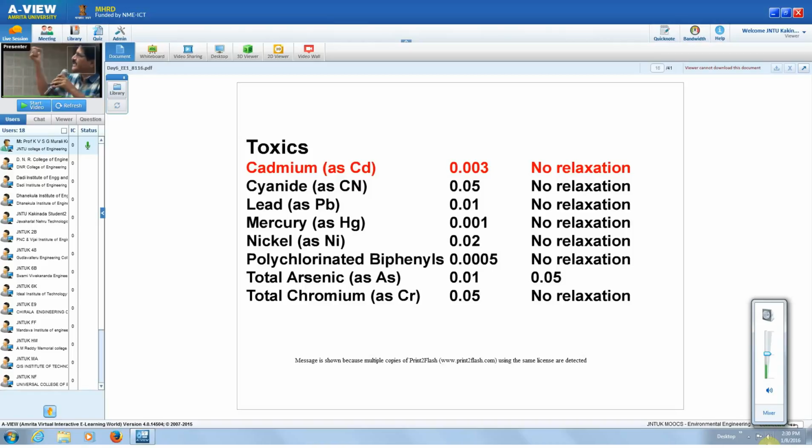They write with a nail, and 90% of human beings have the habit of biting nails. When you do it, directly the lead is going in. That leads to lead poisoning. And what is the concentration?